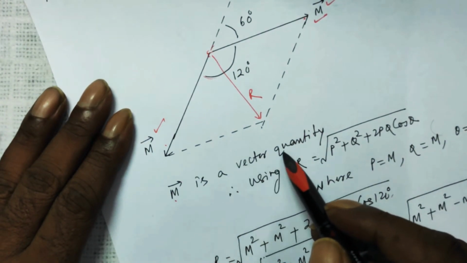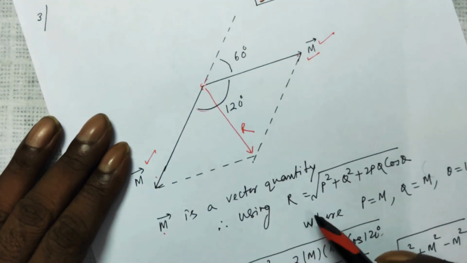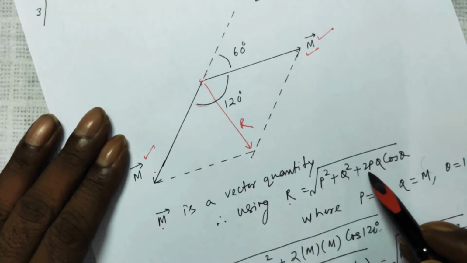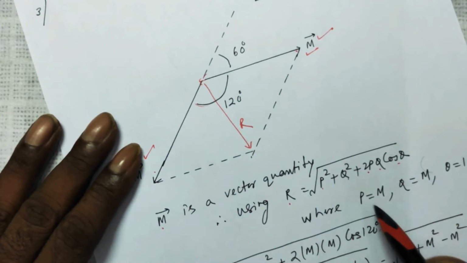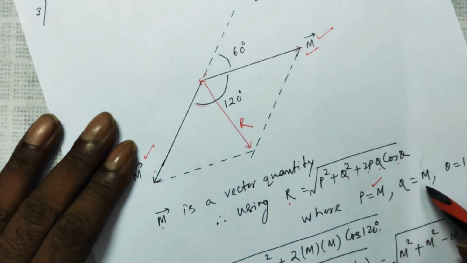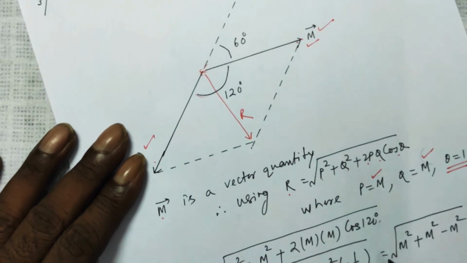M is a vector quantity. So using your parallelogram law of vector addition, how to find the resultant? R is equal to square root of P square plus Q square plus 2PQ cos theta. Here P is M, Q is also M, and the angle between P and Q is 120. So just put the values here.